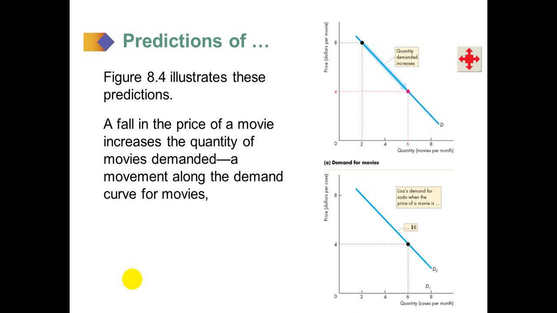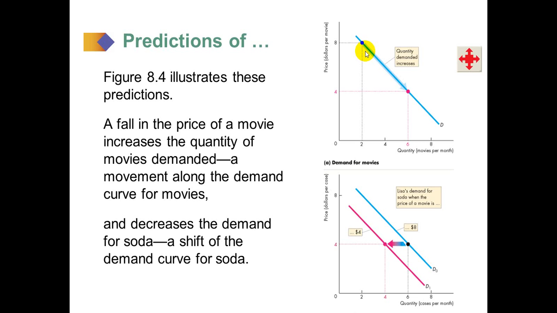A fall in the price of a movie increases the quantity of movies demanded. This is a movement along the demand curve, as we explained last year. The change in price leads to a change in quantity demanded, a move along the same demand curve from one point to another point, and decreases the demand for soda.